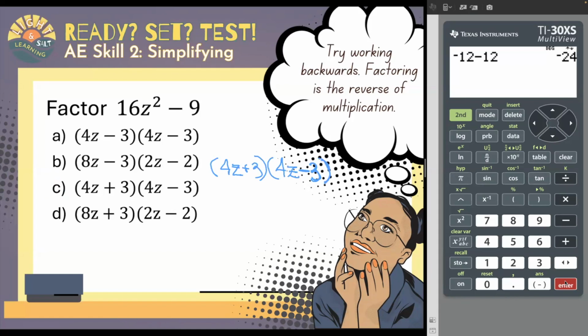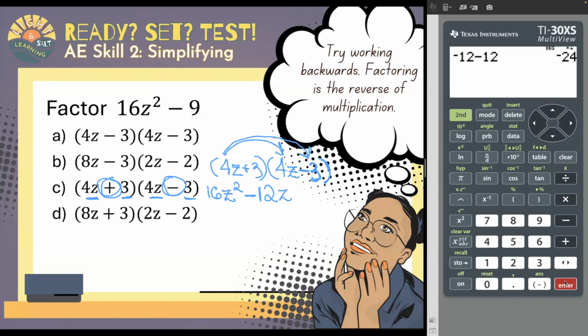When I have almost the exact same thing, 4z, 4z, 3, 3, but this time the signs are different. So 4z times 4z. Well, once again, I have 4 times 4 is 16, and z times z is z squared, or 2 z's multiplying. And now 4z times negative 3, just like before, is negative 12z.